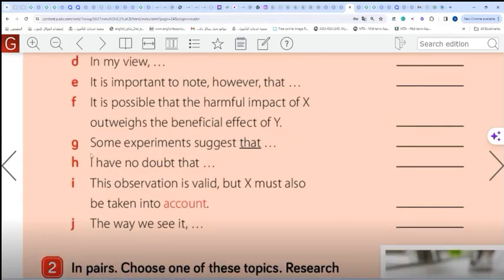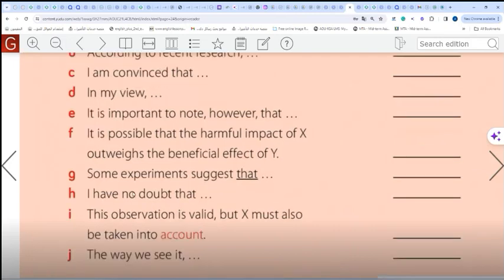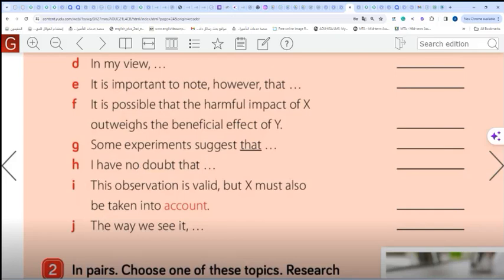I mean number G. Again, subjective or objective? I'm sure subjective. So do you say I, in my opinion, or you refer to some experiments? What do you think again? So it's the last chance before we check. I'm not changing, doctor. Objective. Okay. So we're going to check.